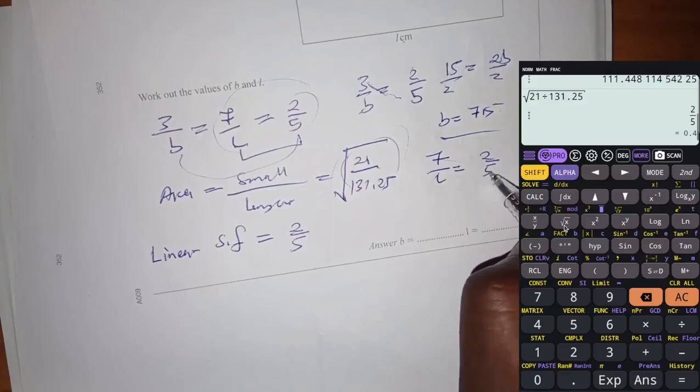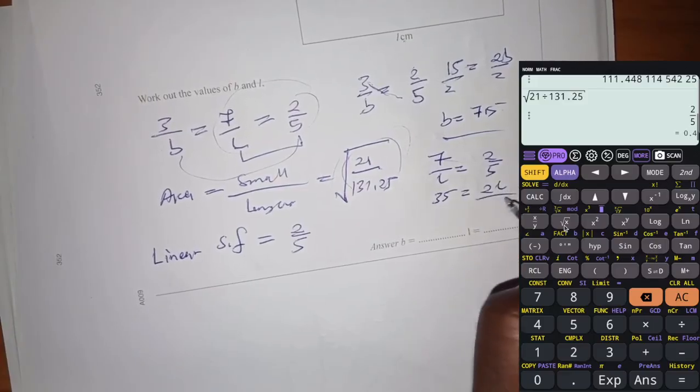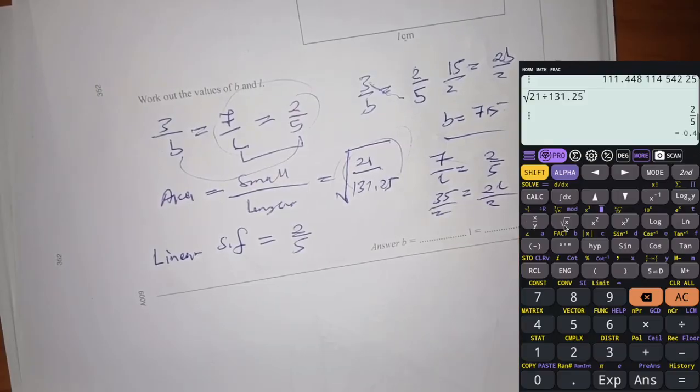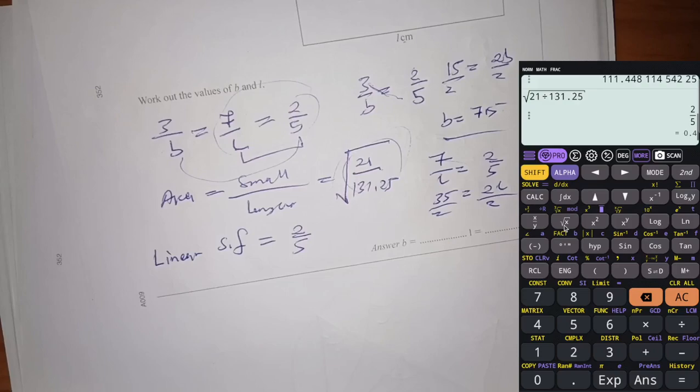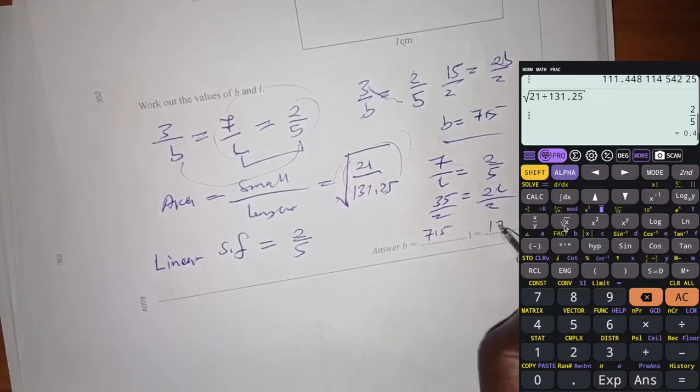Now 7 times 5 is 35, being equal to 2L. Divide both sides by 2, then your L is equal to 17.5. B is 7.5, L is 17.5. I hope that was clear.